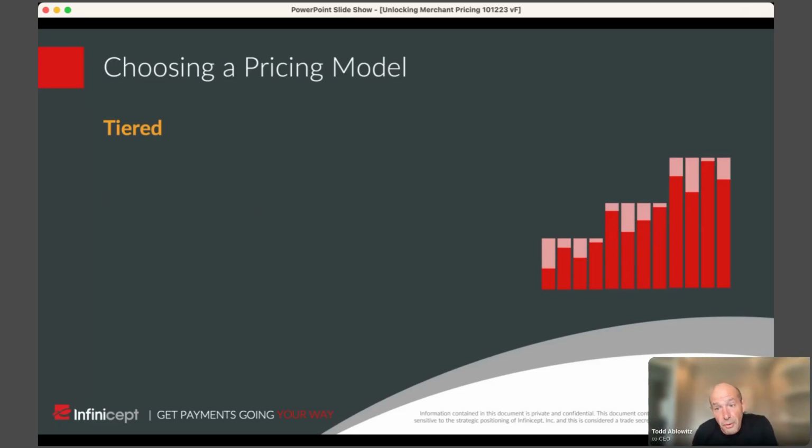Okay, so for tiered pricing, this is where you might have a few tiers. You'll commonly see qualified, and that sort of means the transaction came through the best it could have. A qualified transaction would typically be card present.